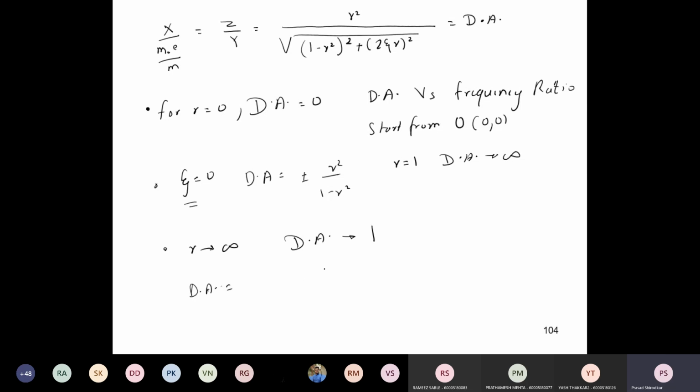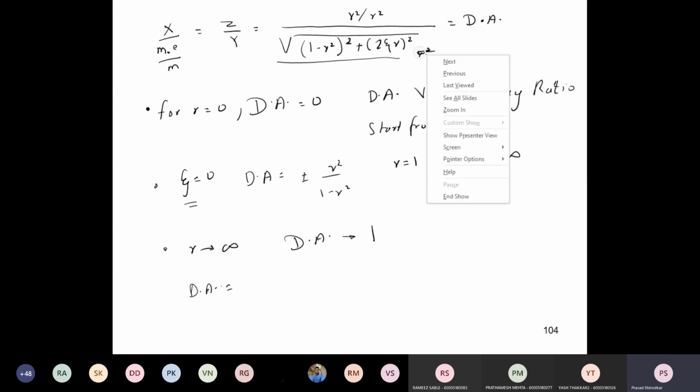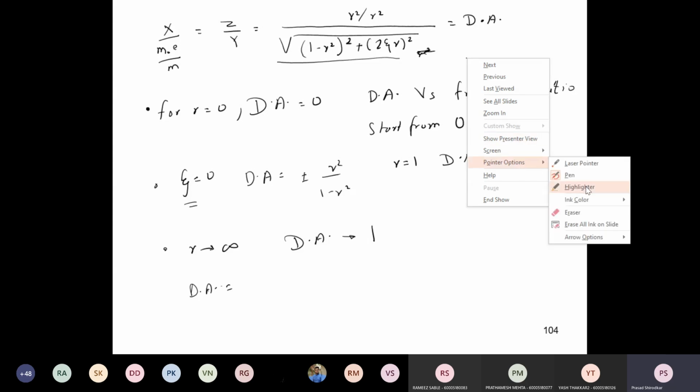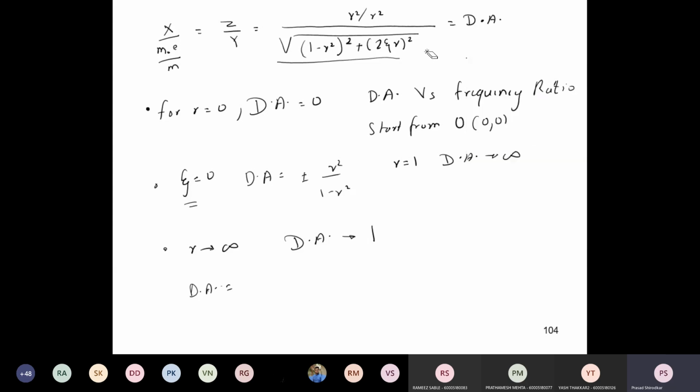If I divide both the denominator and numerator by r square, I get 1 upon square root of (1 upon r square minus 1) whole square plus (2 zeta by r) whole square.